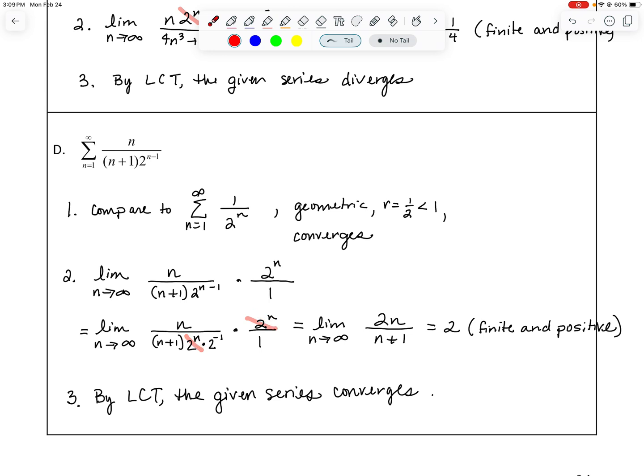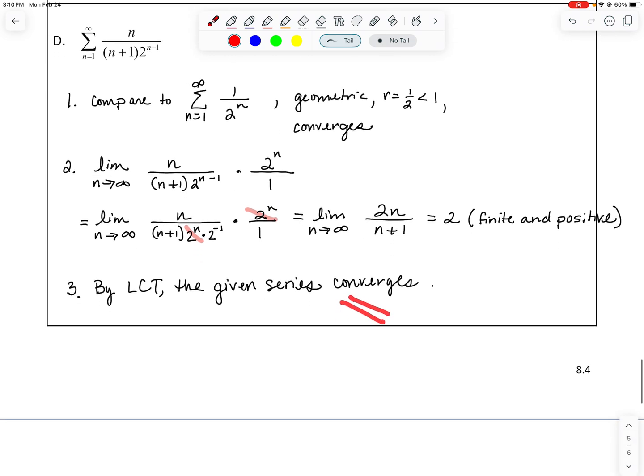And then I did a little cleanup. This is n over n plus 1 times 2 to the negative 1. I brought this up in front so the exponent would be positive, which is 2n over n plus 1. And then we know that is 2 when we take that limit, finite and positive, so the given series converges.